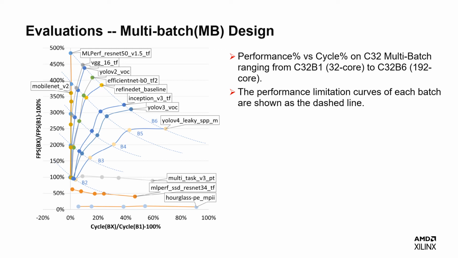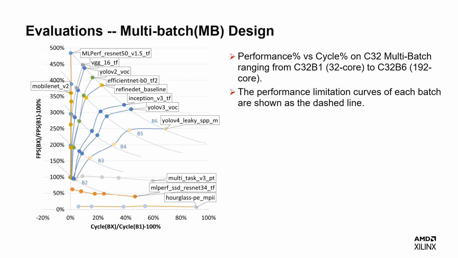This chart illustrates the relationship of the performance versus execute cycles on our multi-batch design, ranging from batch 1 to batch 6. As mentioned before, when the batch size increases, the FMS strategy keeps the model cycles stable, such as ResNet50.